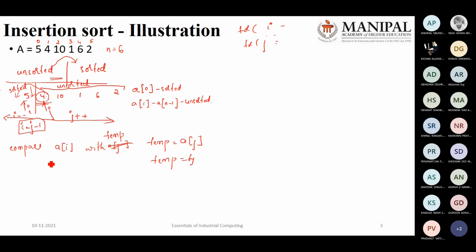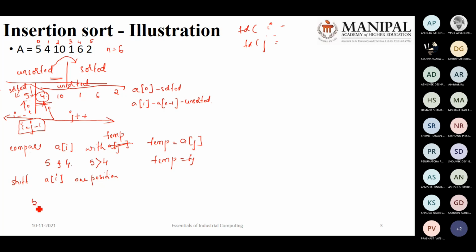So here 5 and 4 are compared. Since 5 is greater than 4, you can see a of i is 5, temp is 4. Since a of i is greater than temp, you need to shift a of i one position to the right. What do you mean by shifting one position to the right?